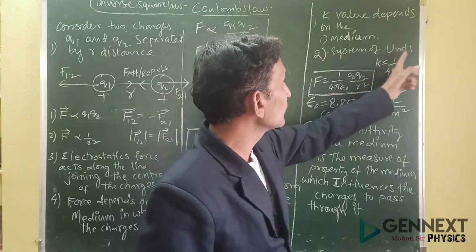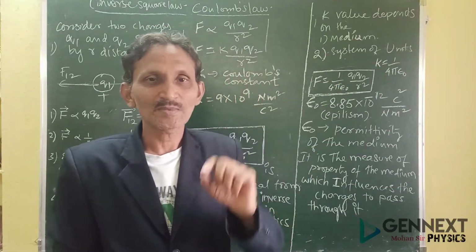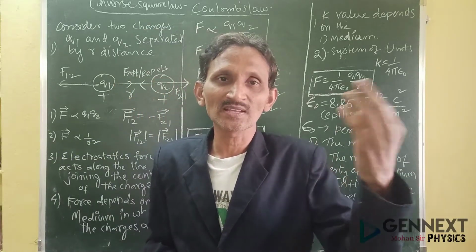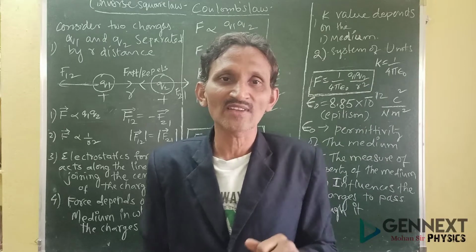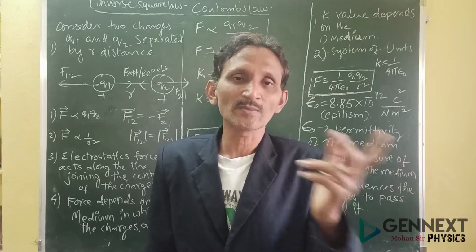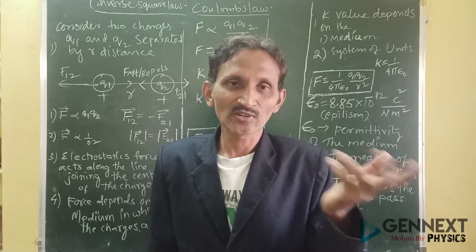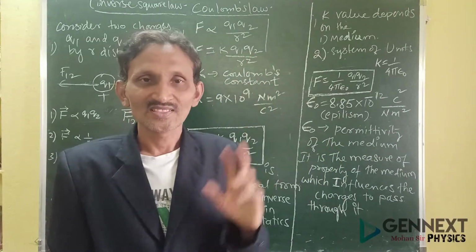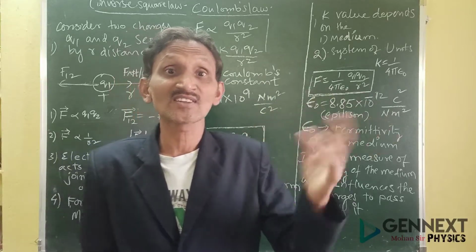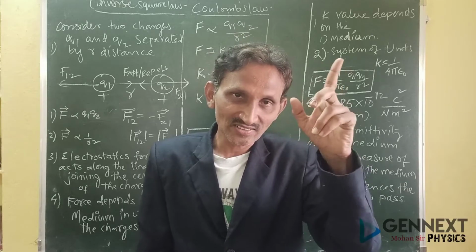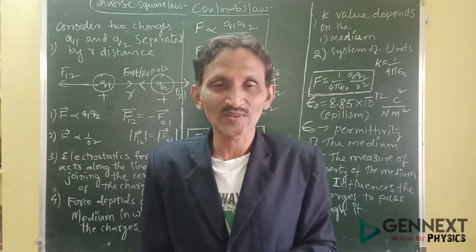And also the system of units adopted. You may take the CGS system or the SI system. In the case of gravitation, for the two masses M1, M2 separated by R distance, we get the universal gravitational constant value 6.67 into 10 to the power of minus 11 Newton meter square per kg square.